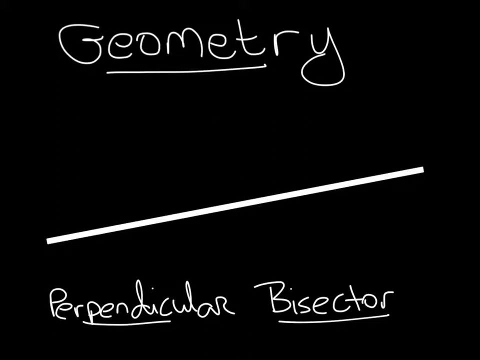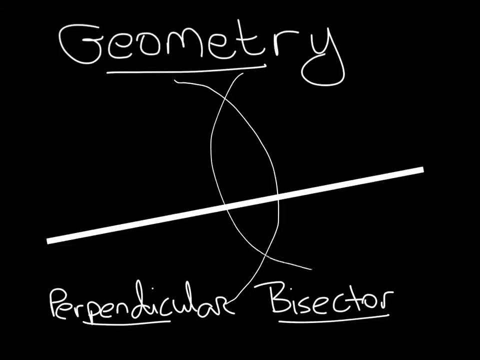So first thing, we get our compass, and I don't have a compass on this Explain Everything. However, we would put our compass on this point here. We'd put the point, and we would measure at least halfway, and we would draw an arc. So it would look something like that. And then you bring the compass over to the other point and draw an arc the other way around.